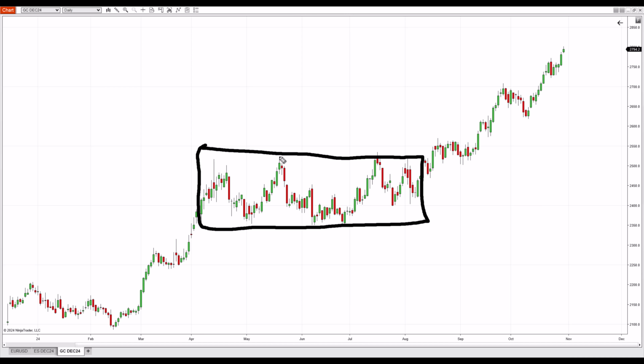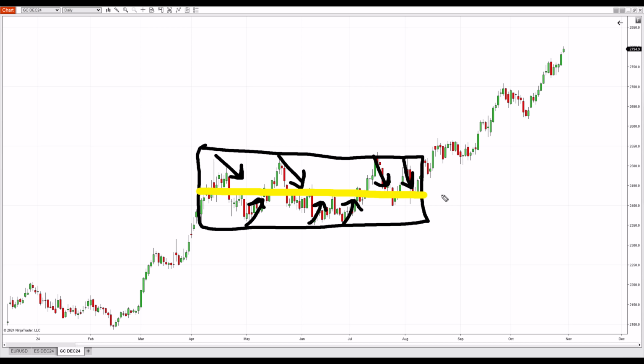That means, in this case, shorts from the higher border of the rotation, longs from the bottom border of the rotation, and the ideal take profit would be the center of the rotation. So when you identify a rotation, you can trade like this.